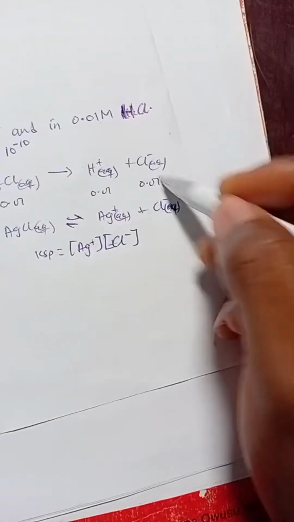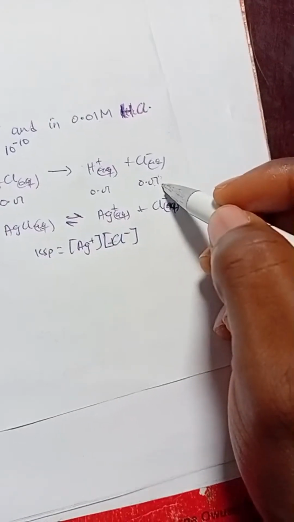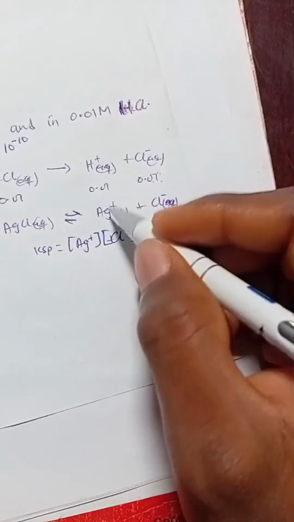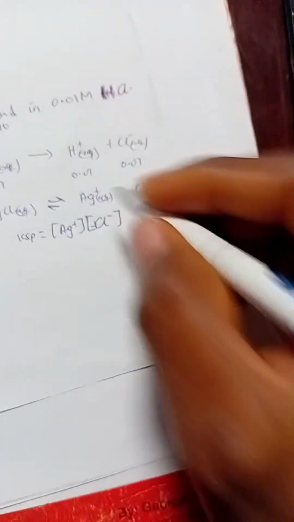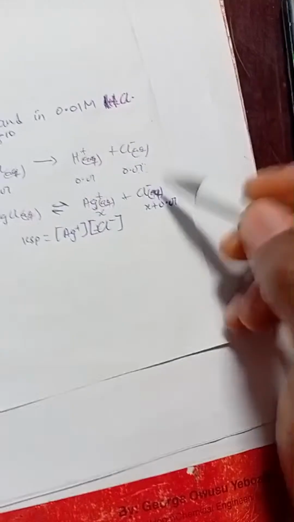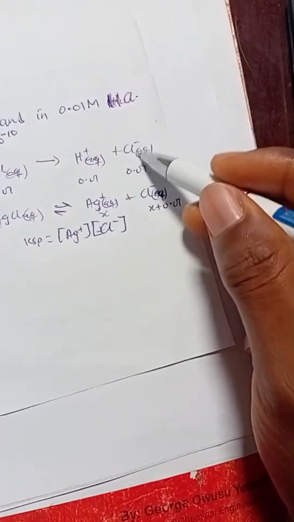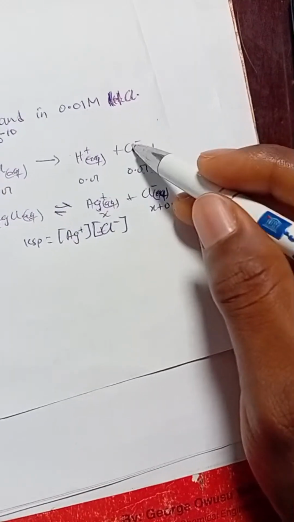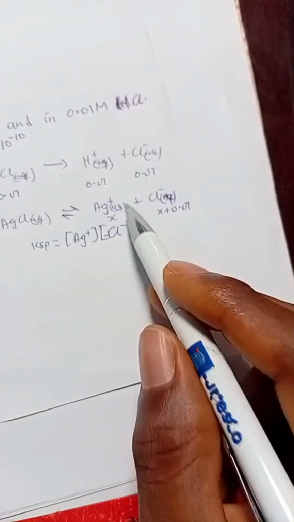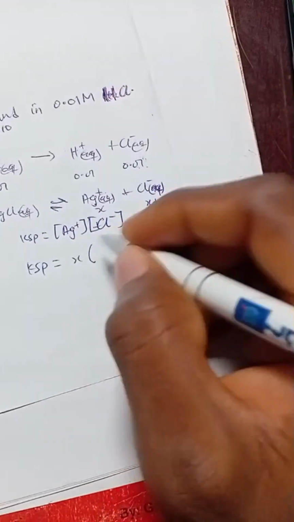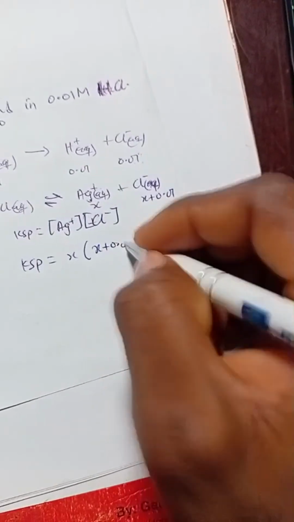We are adding an extra 0.01 molar, which means that if our solubility here is still X, then with mole ratio 1:1 here it becomes X, but here it becomes X plus 0.01 because there was already a concentration of 0.001 molar Cl minus before you added the silver chloride. So our KSP equals X multiplying X plus 0.01.